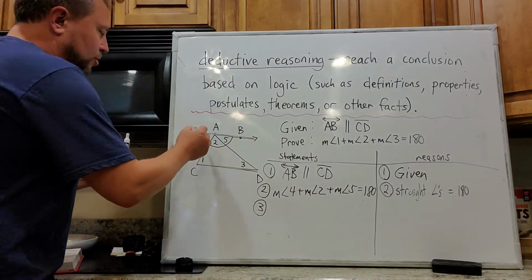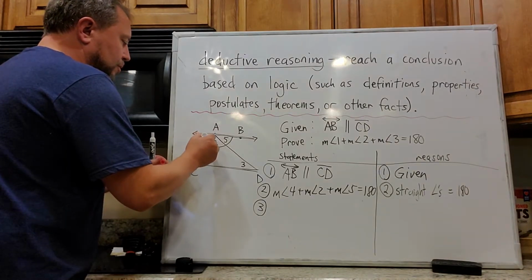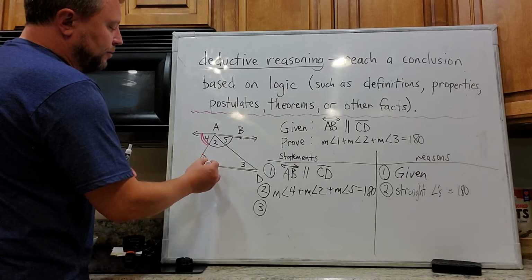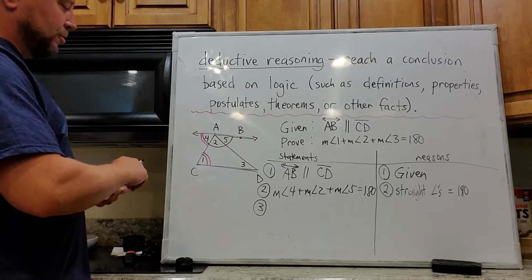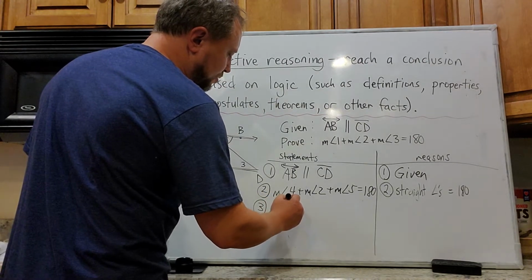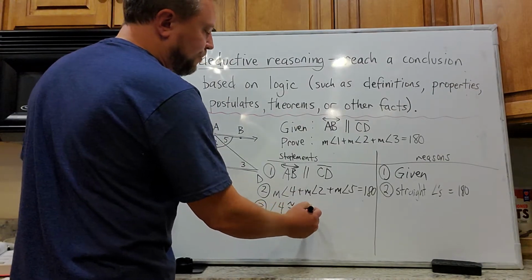See the angle 4, which I'm going to mark with this double arc there? See that angle 4? And this angle 1. Those two will match. They will be what we call congruent. So angle 4 is congruent to angle 1.